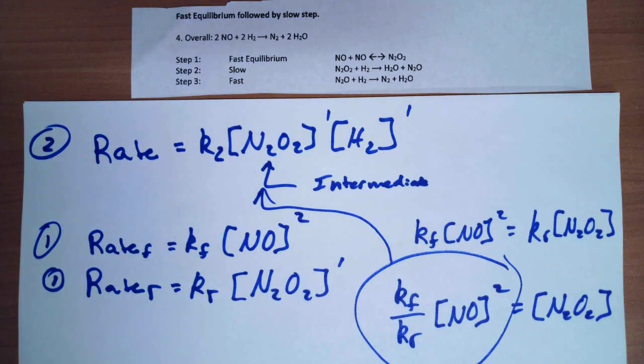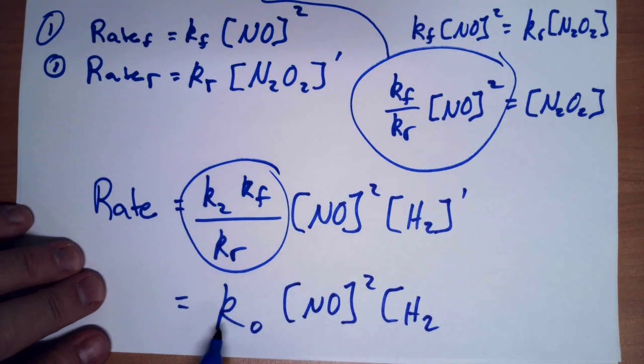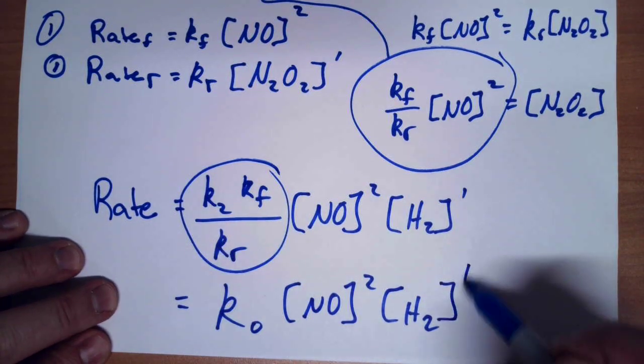You could have the rate is equal to this one rate constant, and then NO second order H2. Oops, sorry again, did it to you. What I did is I defined this new rate constant as a combination of those three. So that's what I was talking about, and I'm just rewriting now.